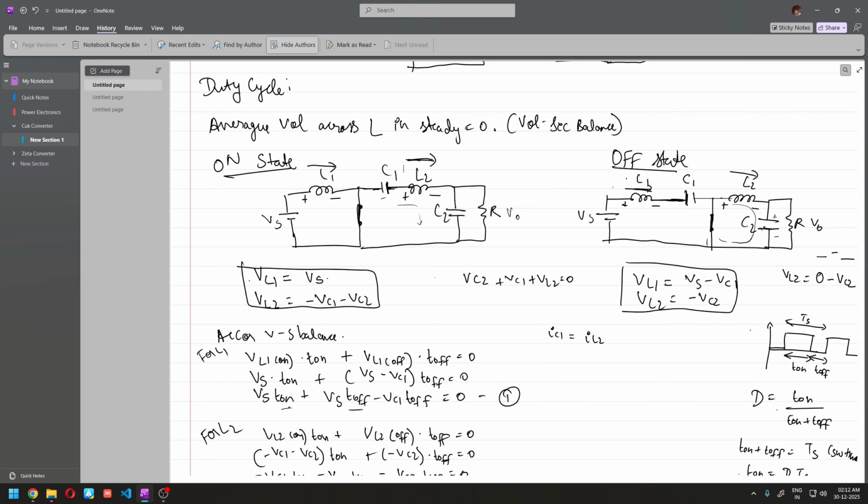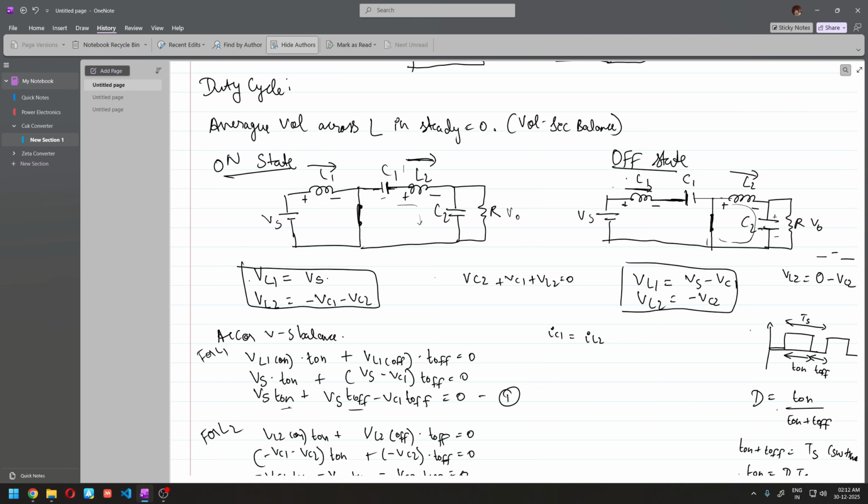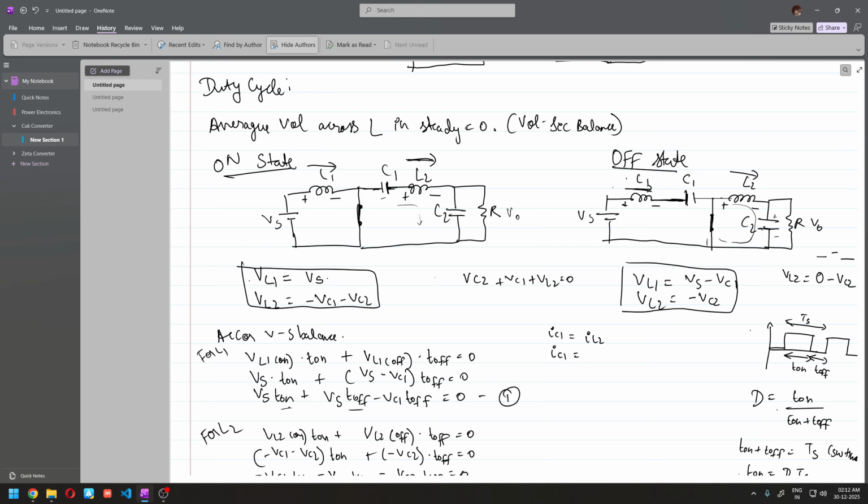So yeah, keep your signs the same so that you don't get any errors. And in the off state here, you can see that it's basically IC1, since it's in the opposite direction, which here I assume this way, and now it's entering this plate. So we can say that it's basically minus IL1. So we have these two equations here now.